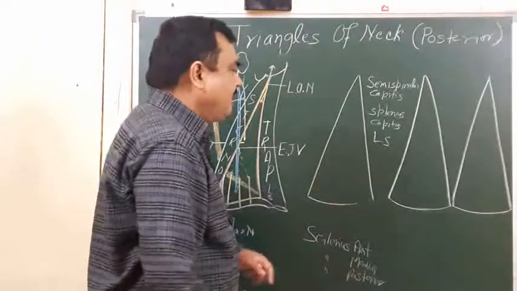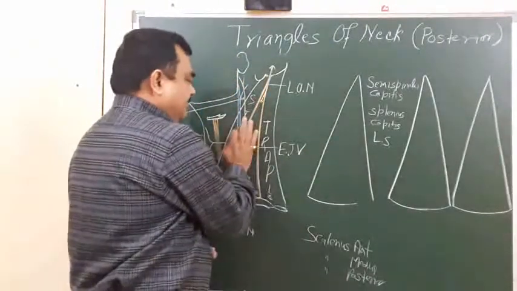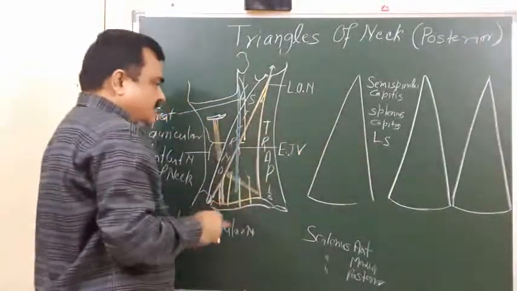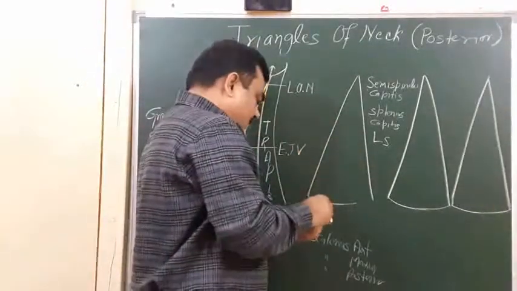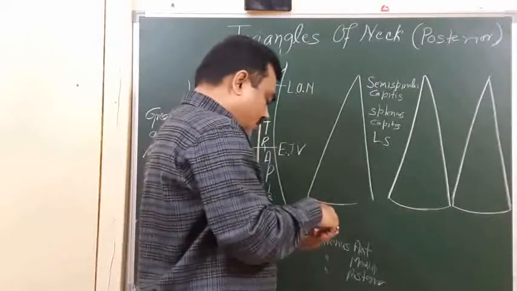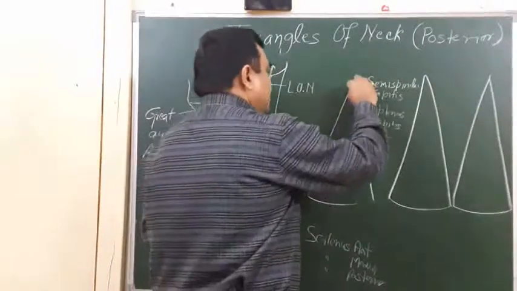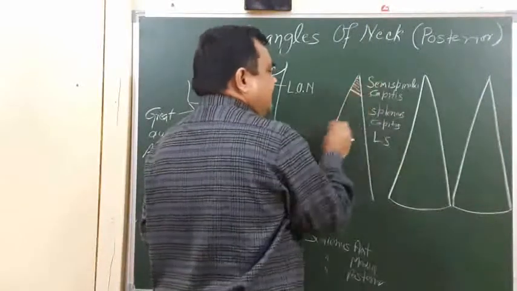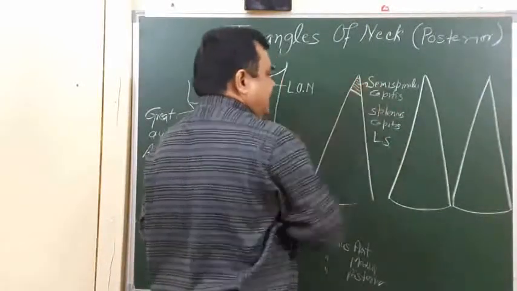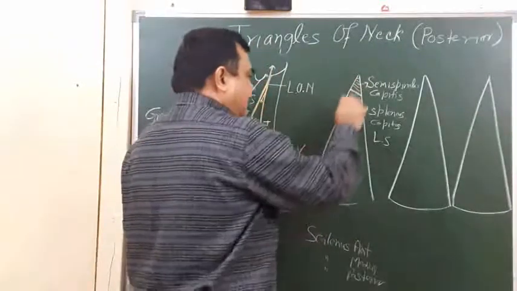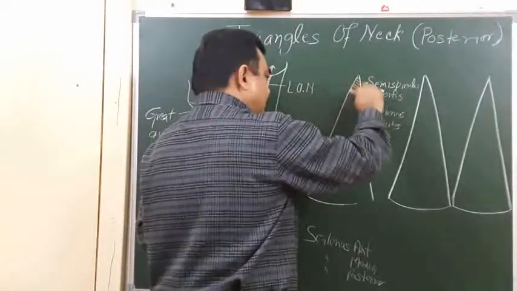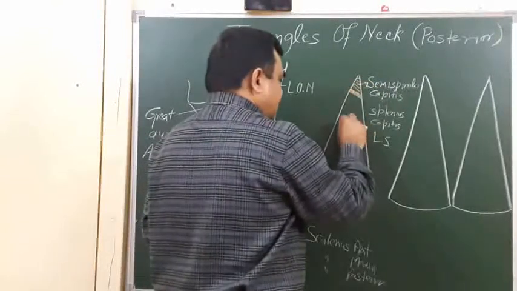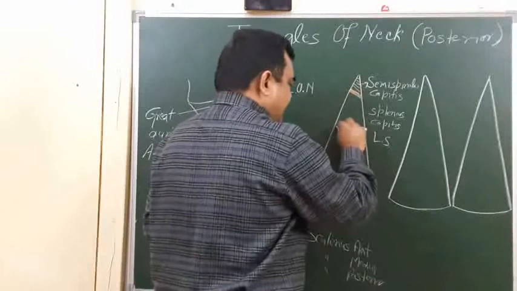Now we will discuss the floor of the posterior triangle. Here, this is the posterior triangle. I am drawing it here. Here is your roof, and this is the floor. The floor is formed by this muscle, semispinalis capitis, and another muscle, that is splenius capitis.